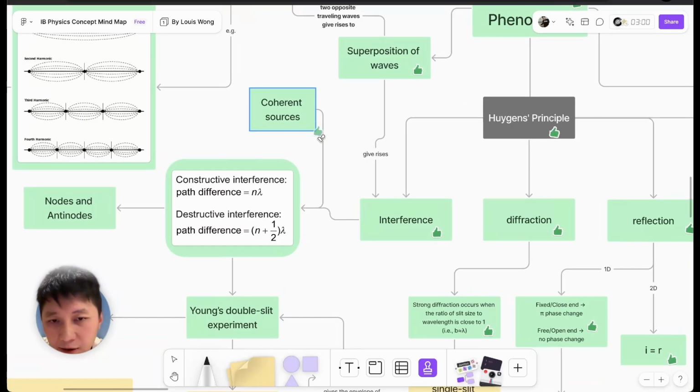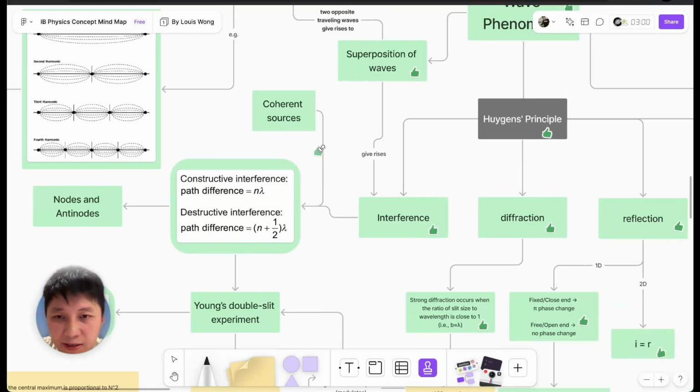The premise of interference in IB physics is that they expect coherent sources. That means the frequency and also the phase are the same, so a certain point is always constructive interference, and maybe another point is always destructive interference. You can imagine that if the frequency is not matching, you will have very inconsistent interference happening throughout a certain duration of time.